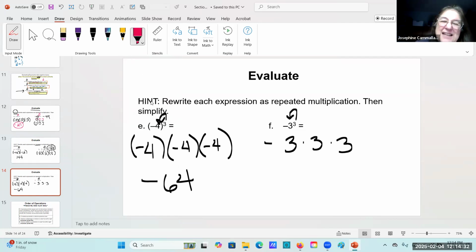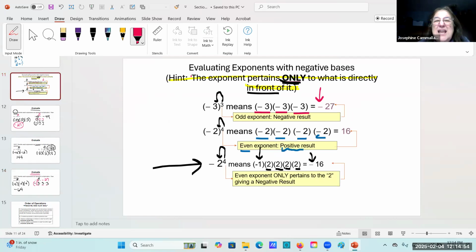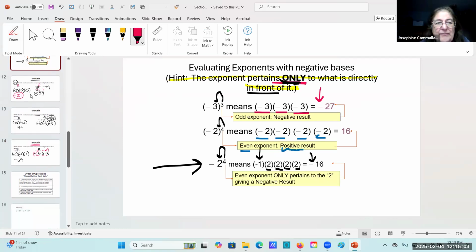This negative sign is really -1 times 3 3's, or -27. Be very careful with exponents. The exponent pertains only to what's directly in front of it.